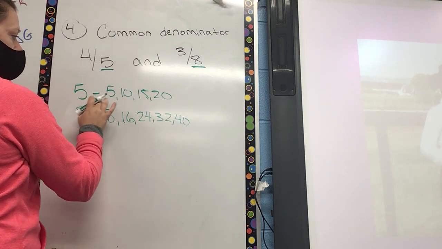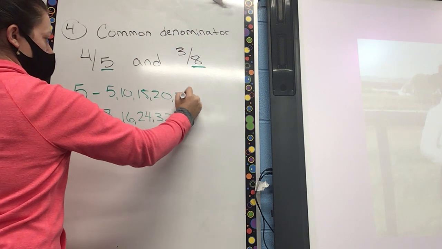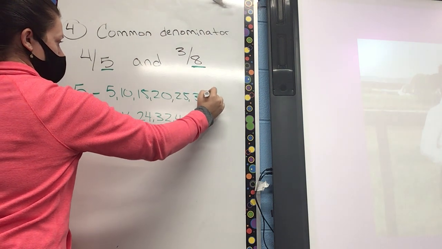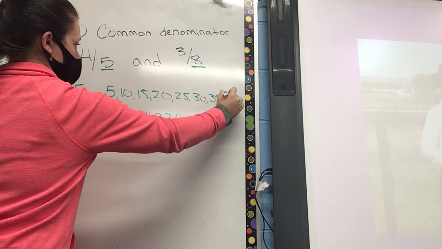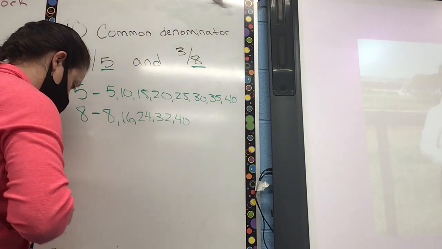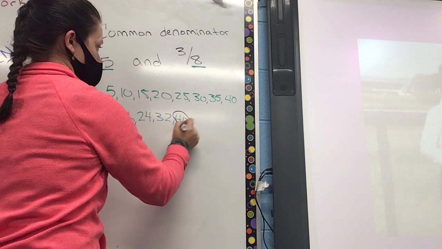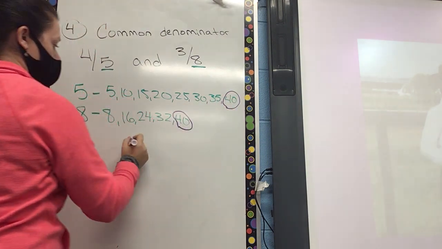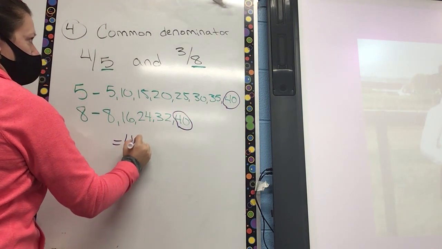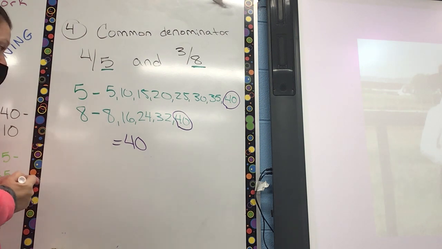Let's keep going with our 5s then. 25, 30, 35, 40. Do I have one? Yes. What is it? 40. So my common denominator for these two fractions would be 40.